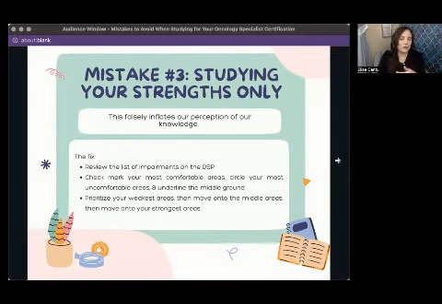But what happens when we only study the things that we are strong with, that we feel good about, that we have the most experience with, we falsely inflate our perception, our idea of our knowledge. I'm not saying that you're not knowledgeable, right? Please don't misunderstand me. You are extremely knowledgeable. But we cannot neglect other important topics, other concepts, simply because we don't feel like studying them.